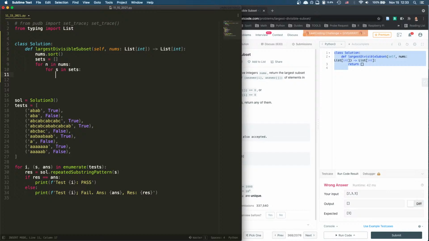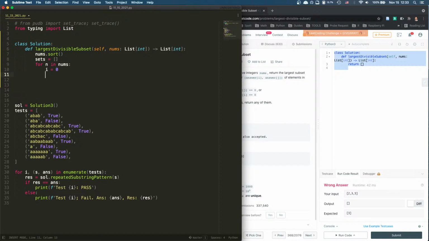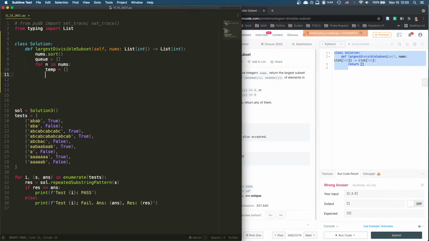Therefore, for s in sets, and then extending the set. That's not what we want. What we want is i equals 0. It's like a queue. So we say temp is this. Let's call it queue then. Temp is this.